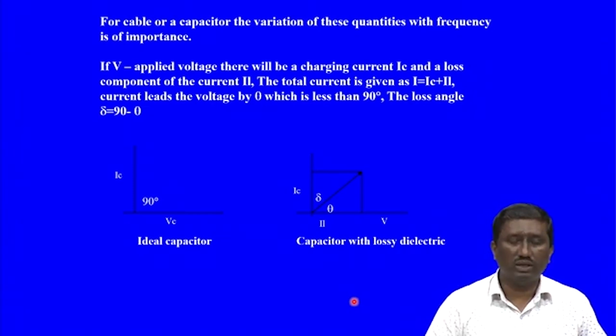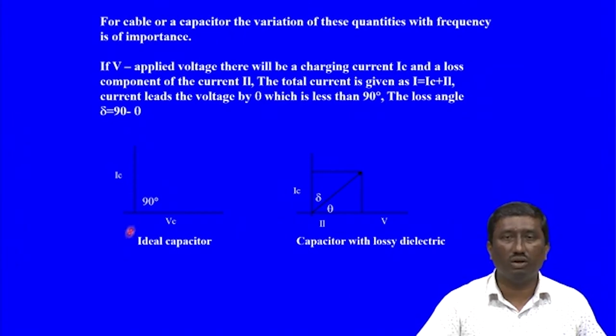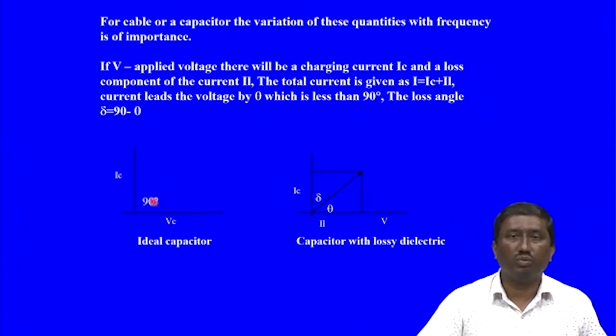So, considering V being the applied voltage, there will be a charging current, which is shown here as IC, the charging current, and a loss component of the current, IL.